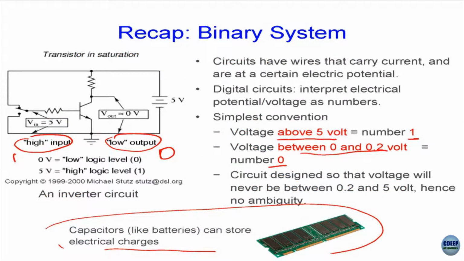You're just dealing with two voltage levels for the representation itself, and voltage above 5 volt is 1, and between 0 and 0.2 is 0. So this is the high value corresponding to 1, there's a low output corresponding to a 0, and this is a transistor being shown in saturation.